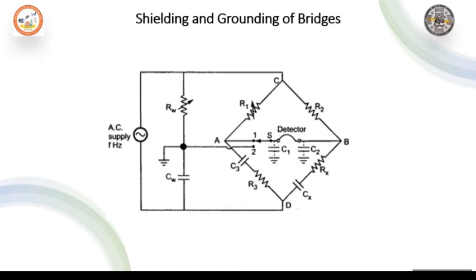They are uncertain in magnitude and often vary with the adjustment of bridge arms and the position of the operator. Shielding and grounding of the bridge is one way of reducing the effect of stray capacitances.